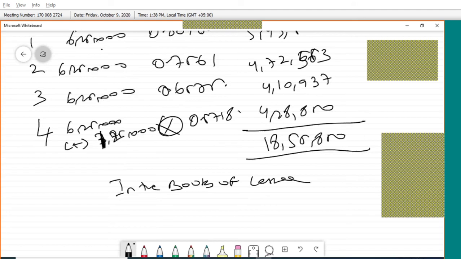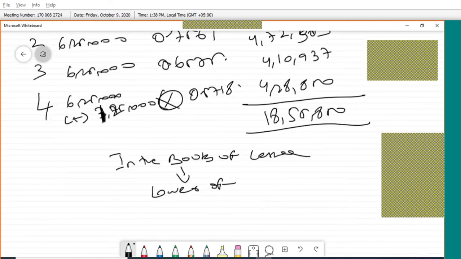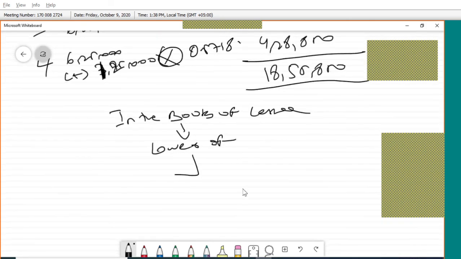So in the books of the lessee, in case of a finance lease, it is the lower of fair value and present value of MLP.